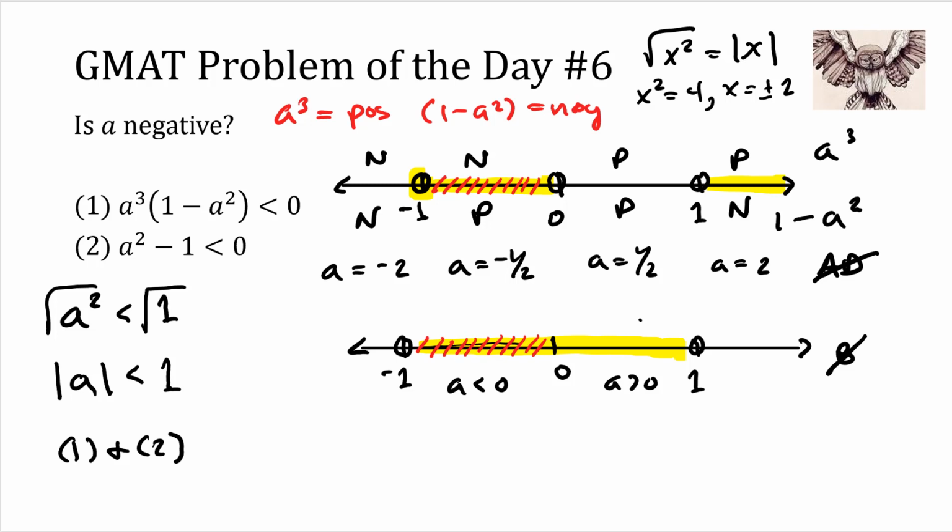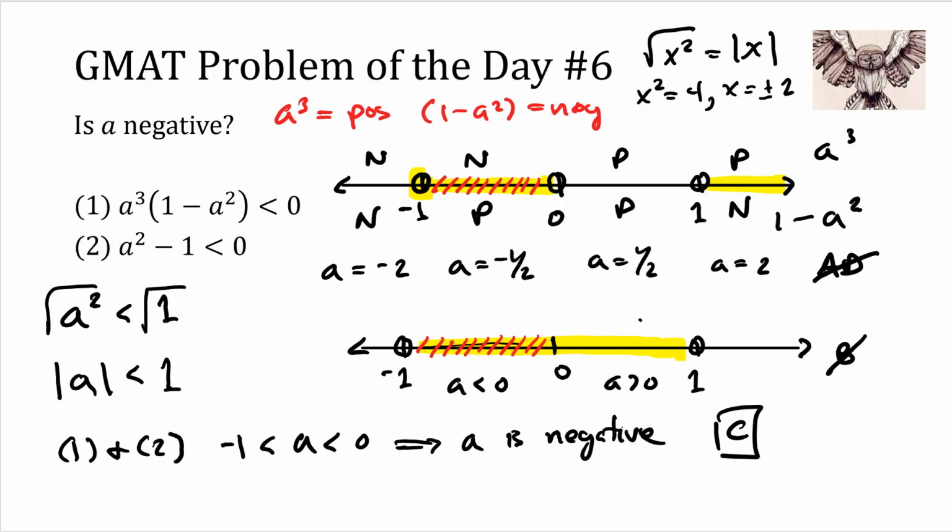The overlap doesn't include 0, and it doesn't include -1. In that case, we know that a is greater than -1 and less than 0, which means a is negative. So 1 and 2 together are sufficient, and the answer is C.